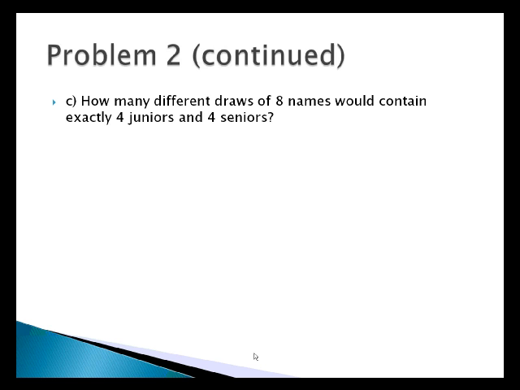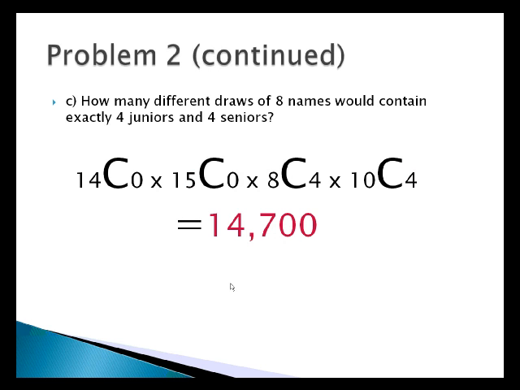What could I do here? 8C4 times 10C4. I could do the 14C0 and the 15C0, but that's just 1. So when I multiply 8C4 times 10C4, I will get 14,700.